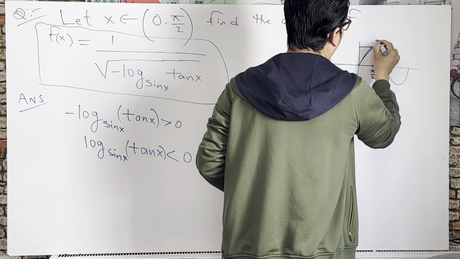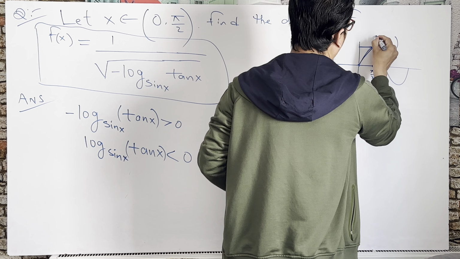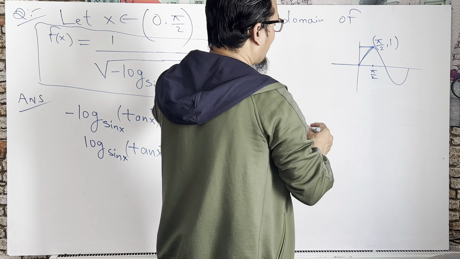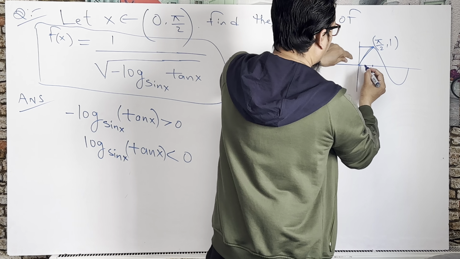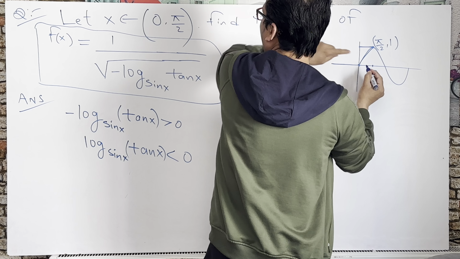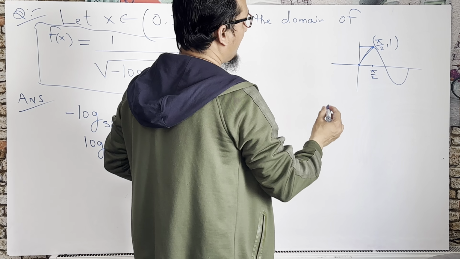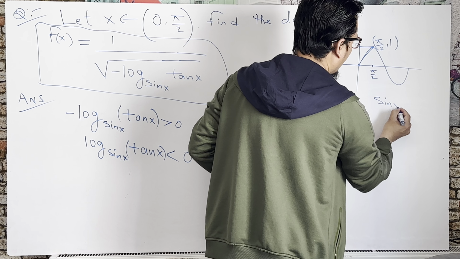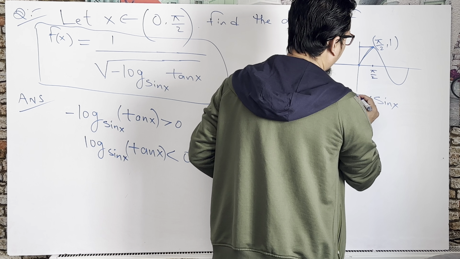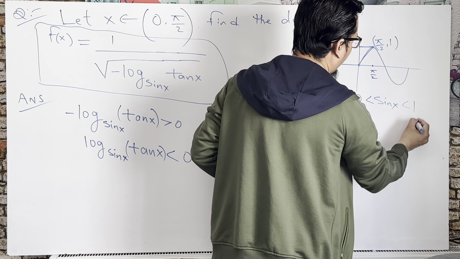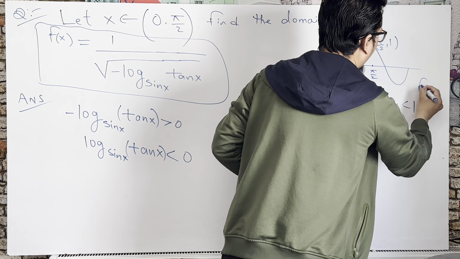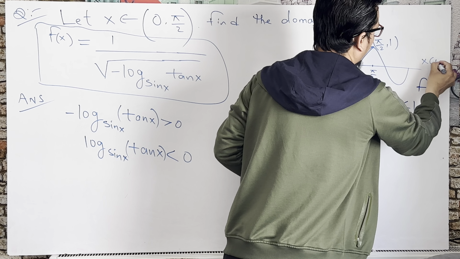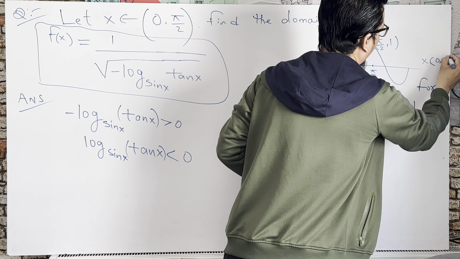It means when x is pi by 2, the value of sin x is 1. So sin x from 0 to pi by 2 is always from 0 to 1. Sin x is always greater than 0 but less than 1 for x belongs to 0 comma pi over 2.